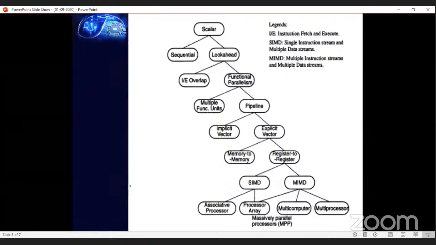That means computers processed the instructions one by one in a sequential fashion. After the sequential processing, a new technique, what is that? Look ahead was introduced with the help of I/E overlapping and functional parallelism. The look ahead is the first parallel processing introduced in the architecture of computers, even in the history of computer hardware.